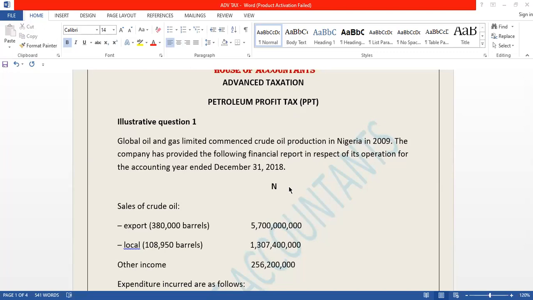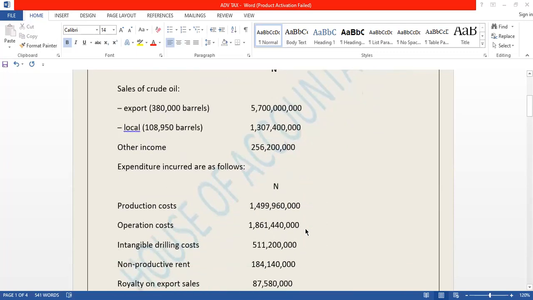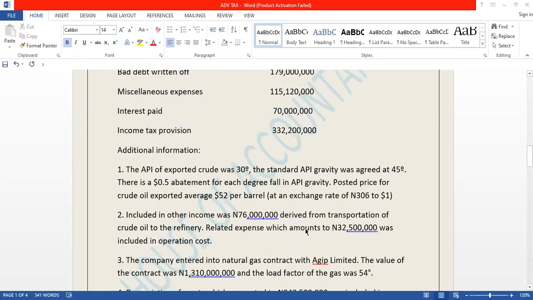Global Oil and Gas Limited commenced crude oil production in January 2009. The company has provided the following financial report in respect of its operation for the accounting year ended December 31st, 2018. All figures given as below. Additional information. 1.